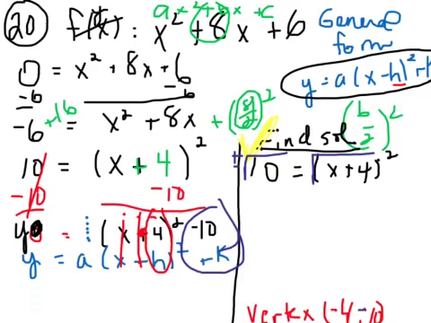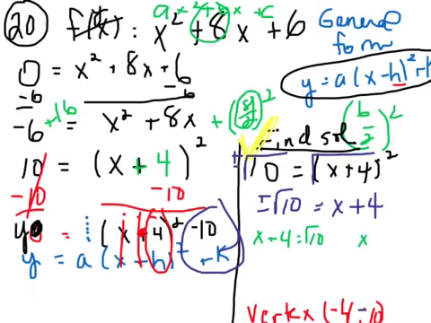square root of 10 times square root of 10 and a negative square root of 10 times a negative square root of 10. When you square root, there are two roots there, two things you've got to do. So the square root of x plus 4 squared is just x plus 4, and that's equal to plus or minus square root of 10. Now there's two equations I've got to do here. One of them, and I'll do it in green, is x plus 4 is positive square root of 10, and the other one is x plus 4 equals negative square root of 10.